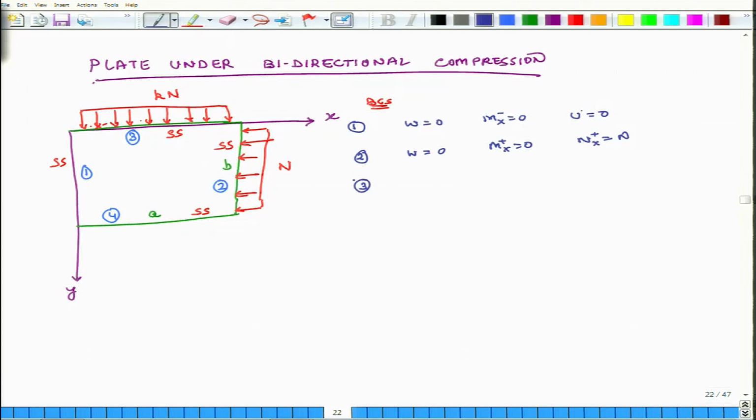On edge 3, W equals 0, My equals 0, and Ny equals k times n, and it is actually negative, both are compression. And on the fourth, these are all mid plane displacements, so W equals 0, My plus equals 0, and V equals 0.